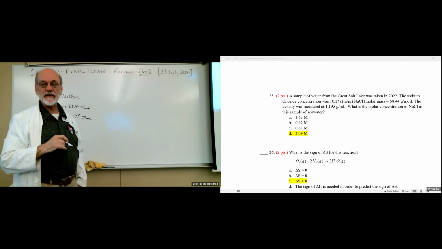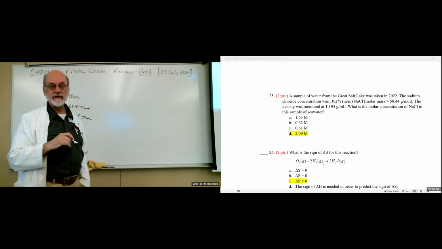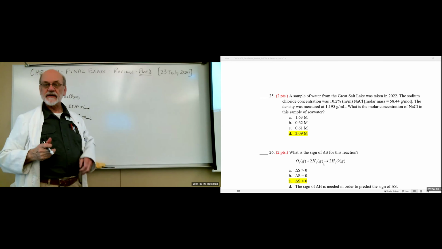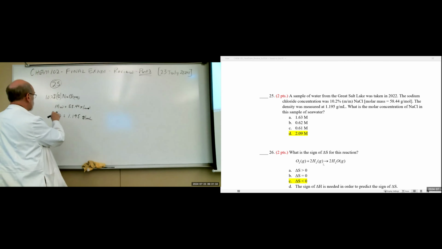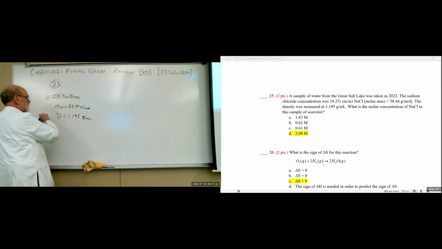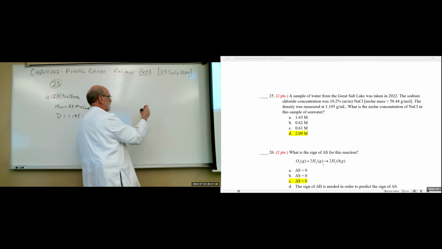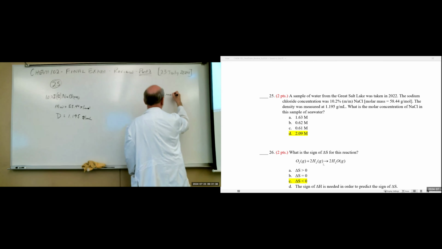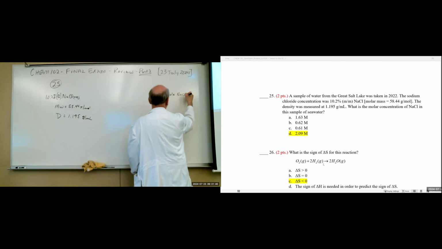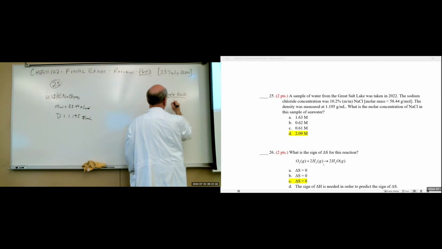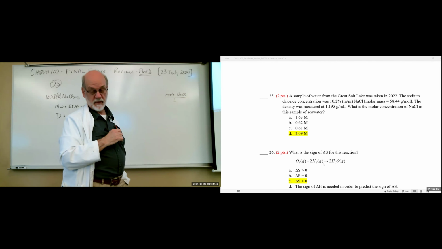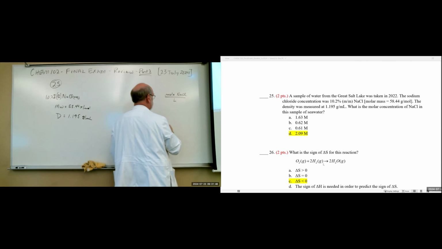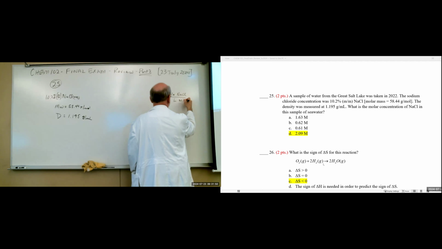What's the molar concentration of sodium chloride in this sample of seawater? This is a dimensional analysis problem. We're going to go from this value to moles of sodium chloride per liter of solution, the molar concentration.